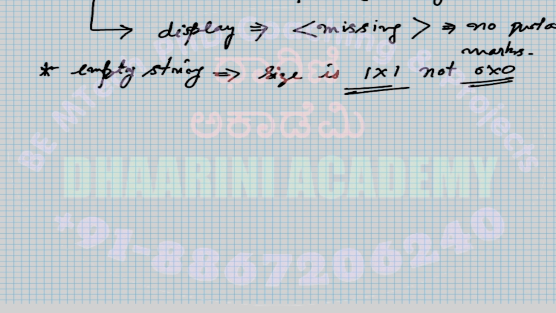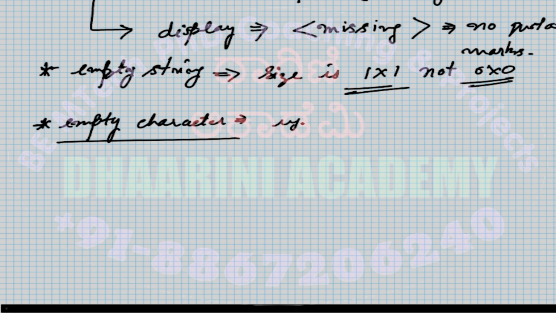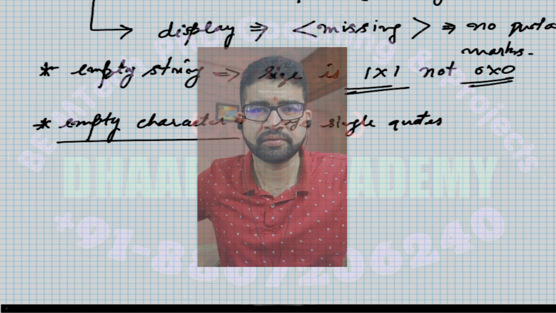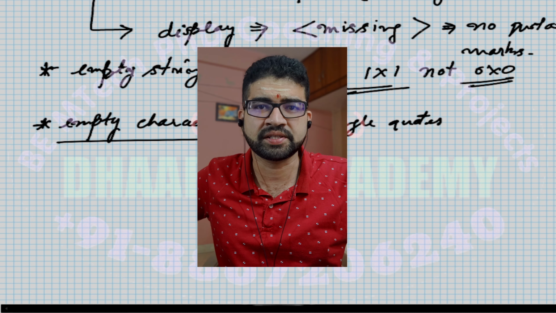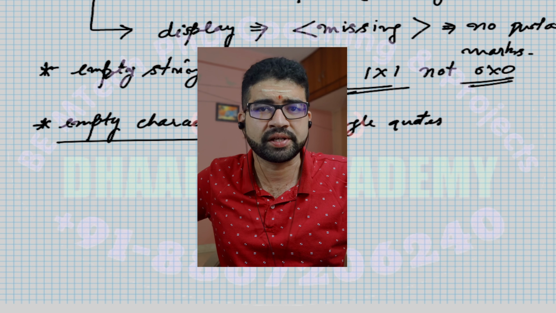Now let's move ahead and go to the empty character. When I want to generate an empty character, you have to simply use single quotes. This is obvious because MATLAB differentiates whether it is a string or a character by looking at what type of quotes you are using, double quotes or single quotes.